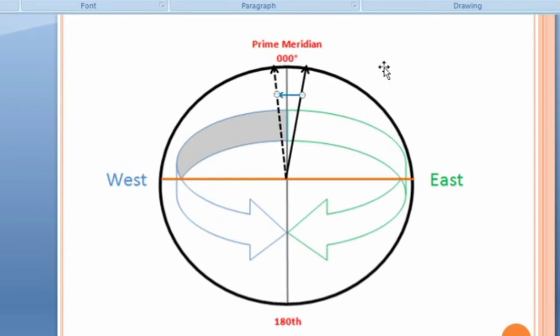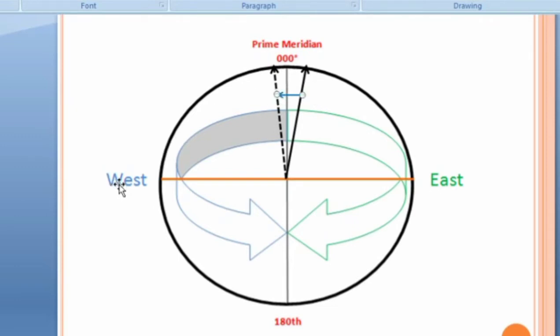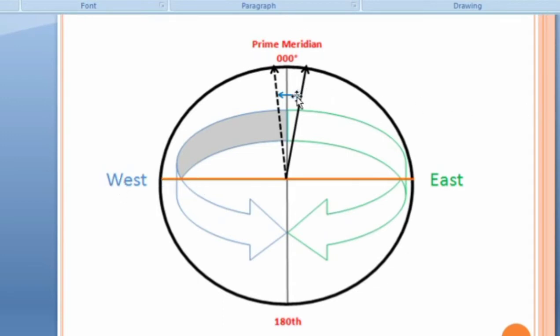So westerly, which means that we are going on a counterclockwise direction. That's why we have the blue arrow to coincide with the westerly direction in our diagram, right? So as I have mentioned to you, we only have up until 0 degrees. So if we have 5 degrees here, how much would be the value for the opposite side if we have already 5 degrees here and then we have 7 degrees of difference of longitude.